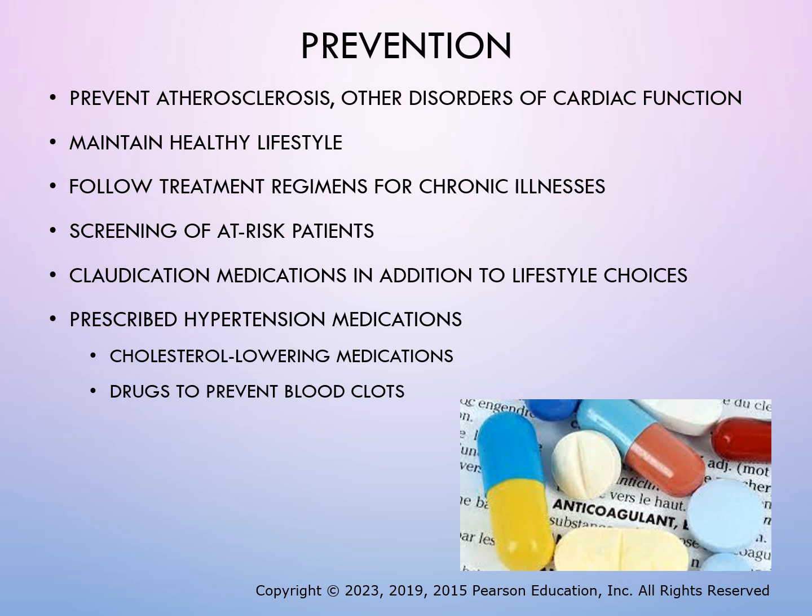Individuals who are at risk may be screened for PVD by their healthcare provider using an ankle brachial index. Medications for claudication, and we're going to talk about claudication, in addition to lifestyle choices, may also help slow or even reverse the progress of PVD symptoms.